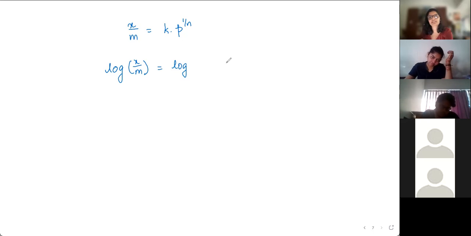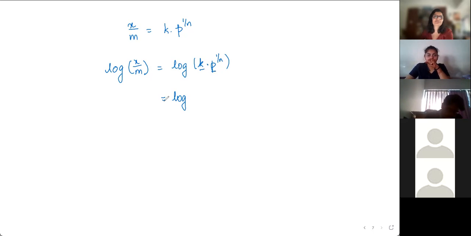Tell me, at least tell me what is the next line. Logarithm of, okay, I'm just applying k into p power 1 by n. Let's leave x by m like this. How can I expand this? So you remove k outside because k is the constant. So it'll be k log p raised to 1 by n. No, this is k multiplied by p, no? Right. So you do log k plus log p raised to the power 1 by n.